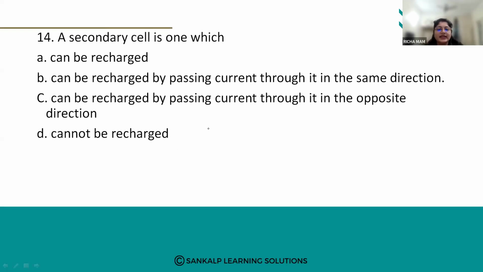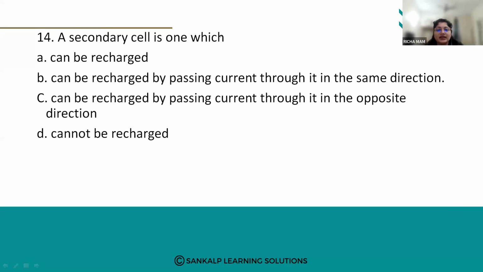Now a secondary cell stores electrical energy as chemical energy. It undergoes a reversible chemical reaction. So if you charge the cell, yes, it can be recharged. But how can it be recharged? It can be recharged by passing current through it in the opposite direction.